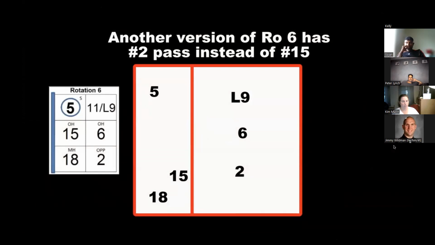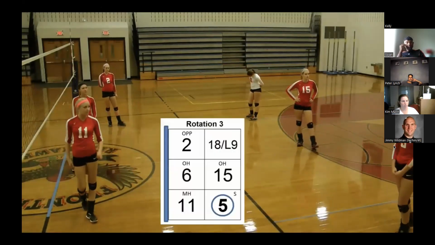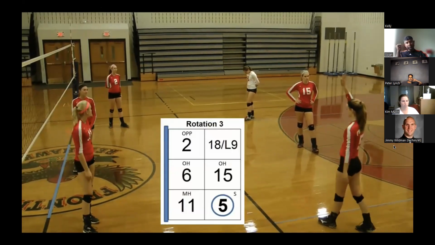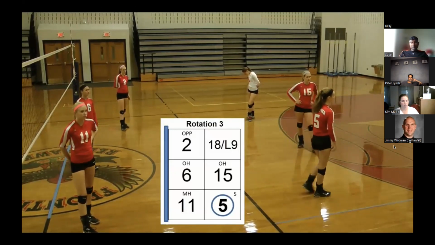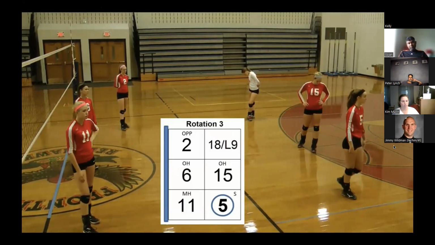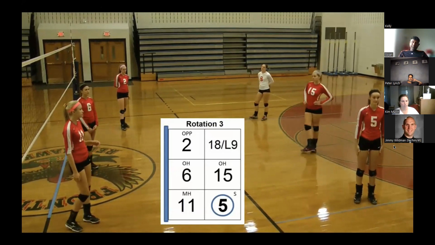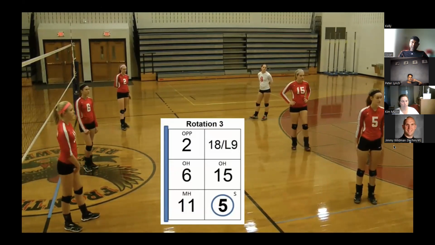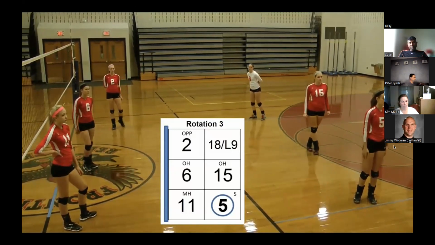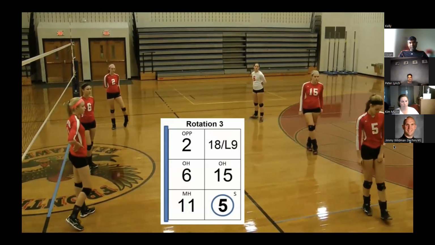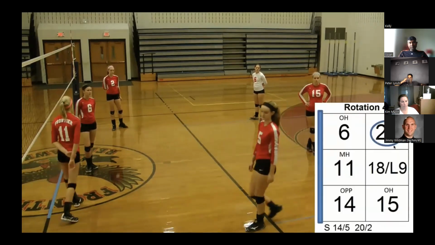Okay, we're back. That was a 5-1 offense with number 5 setting all the balls in all 6 rotations. Another common offense is a 6-2 offense where they have 2 setters and 6 different hitters. So in this case, when we rotate from rotation 3 to rotation 4, I'm going to sub out my front row setter number 5 for an opposite number 14.